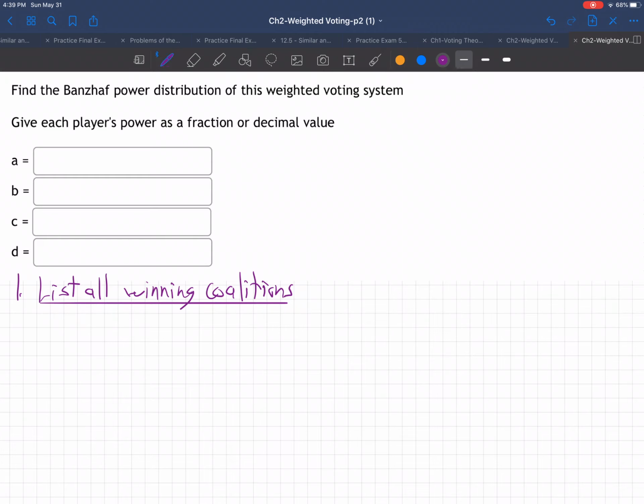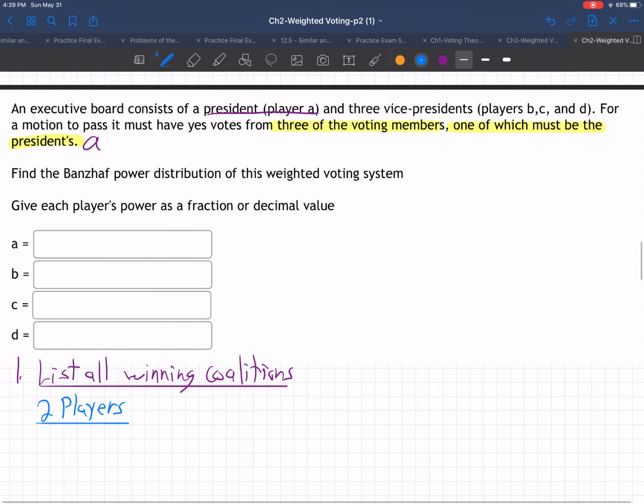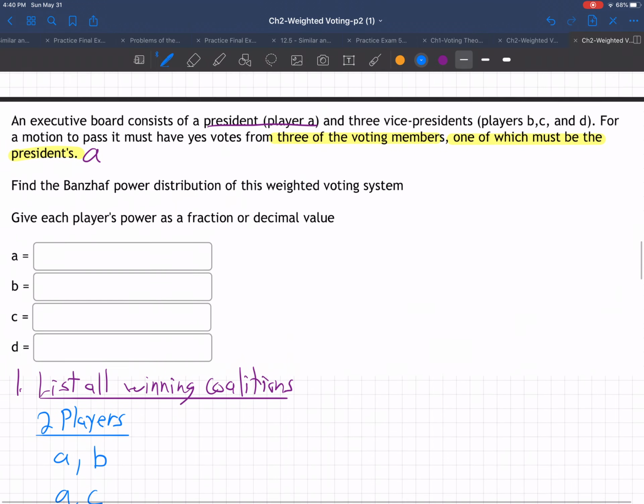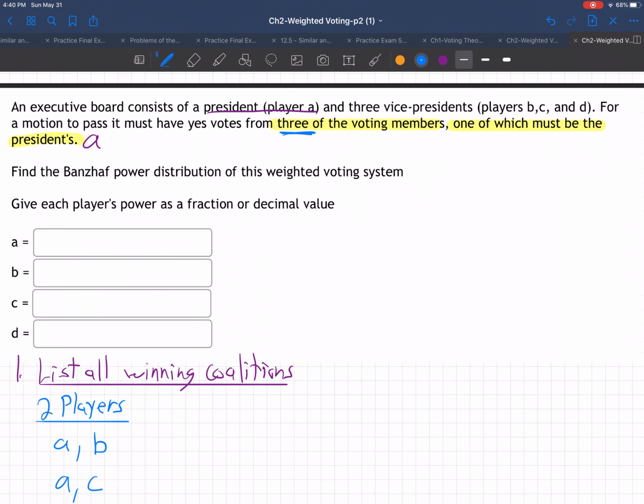So let's do it. Let's start with all the ones with 2 players. So if you have 2 players, I'm going to say you could have A and B, or A and C. Wait, hold on. How many does it take to win? 3.